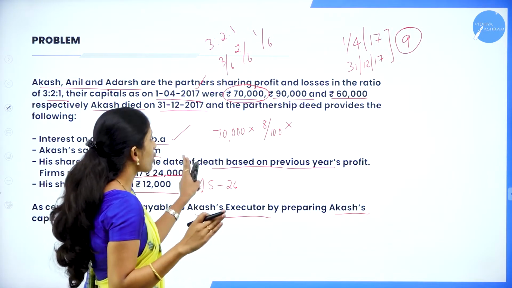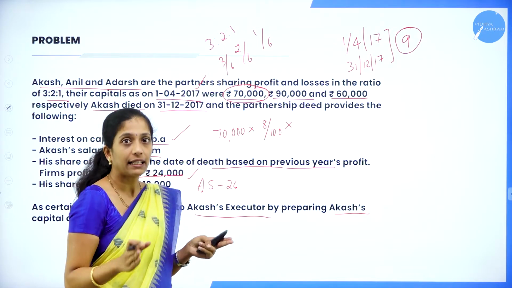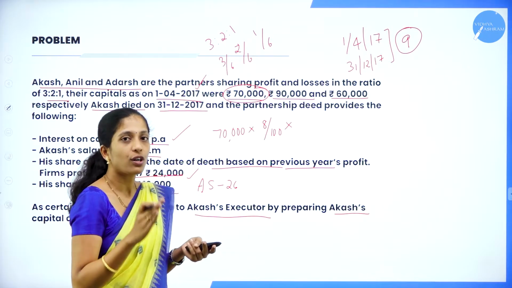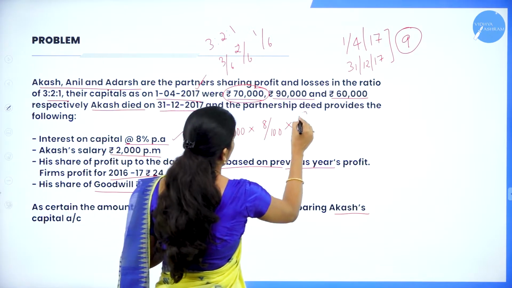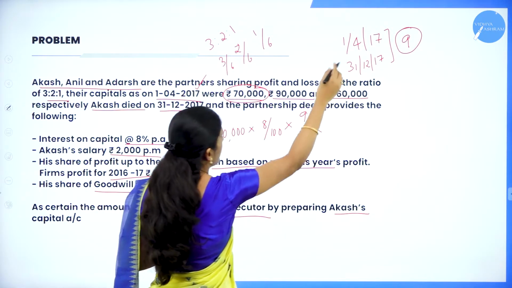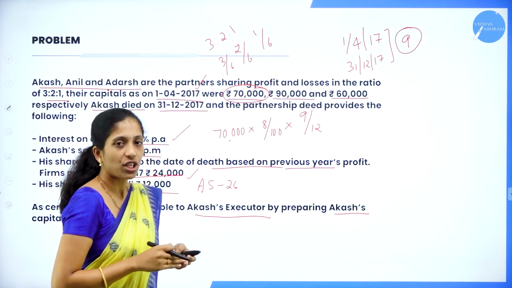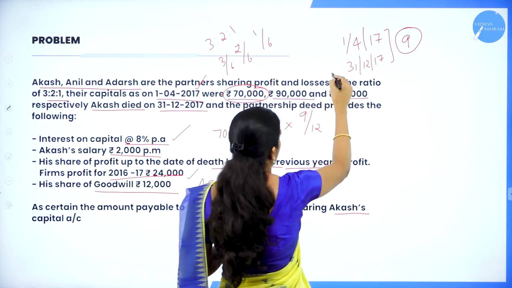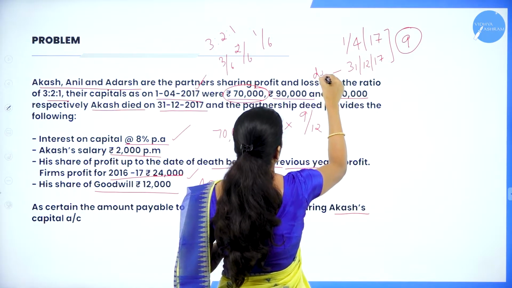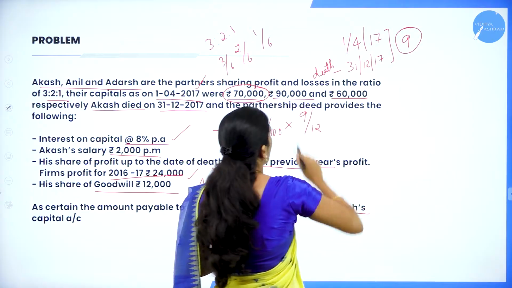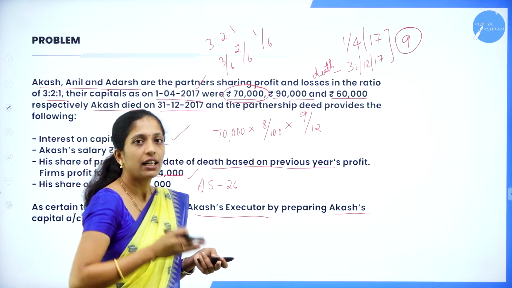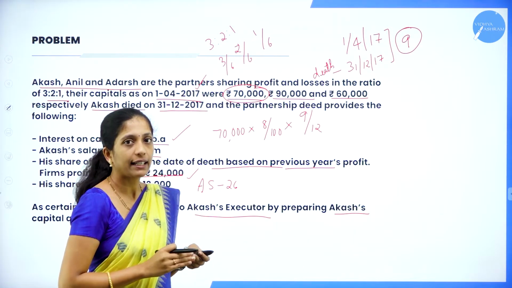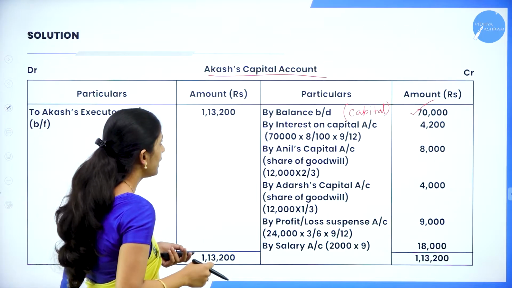So, here interest on capital should not be calculated for the whole year because he was there only for 9 months. So, 9 divided by 12. That is from the beginning of the financial year till the date of death. So, from the beginning of the financial year till the date of death, we have to calculate the months and the interest.